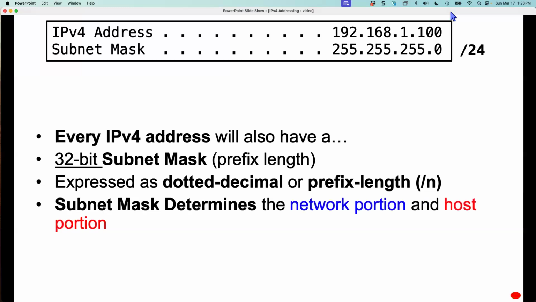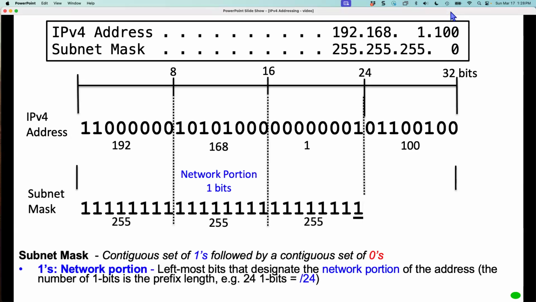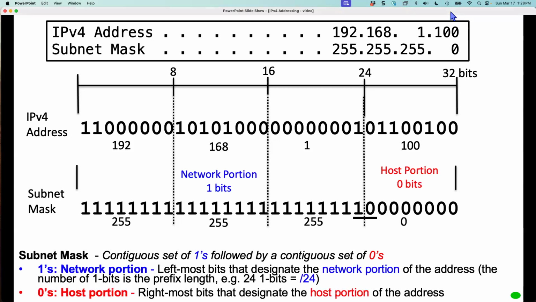Okay, the subnet mask is what determines the network portion from the host portion of the address. A subnet mask is also 32 bits. It is a contiguous set of 1 bits, meaning all 1 bits, but once it changes to 0, the rest are all 0 bits.